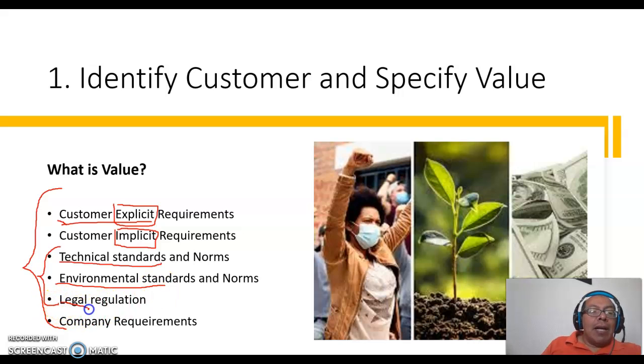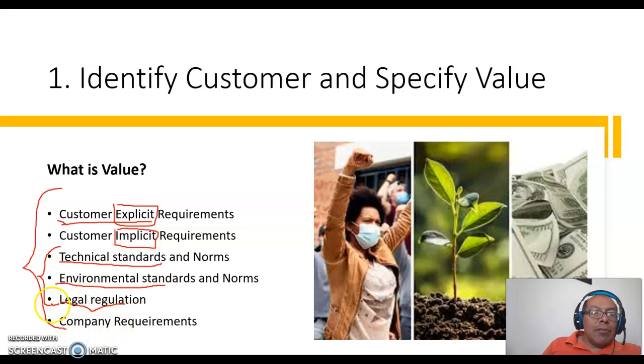And the last one is legal regulation, something that is regulated by law and we have to comply with. Sometimes the customer does not explicitly say that we need to focus on that, but some other entities make sure that we actually comply, especially in the government and especially when you are in the import-export business.